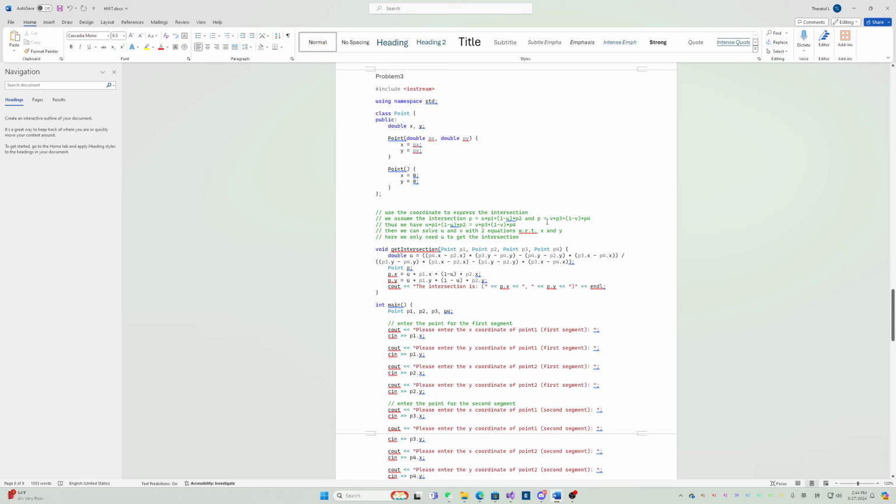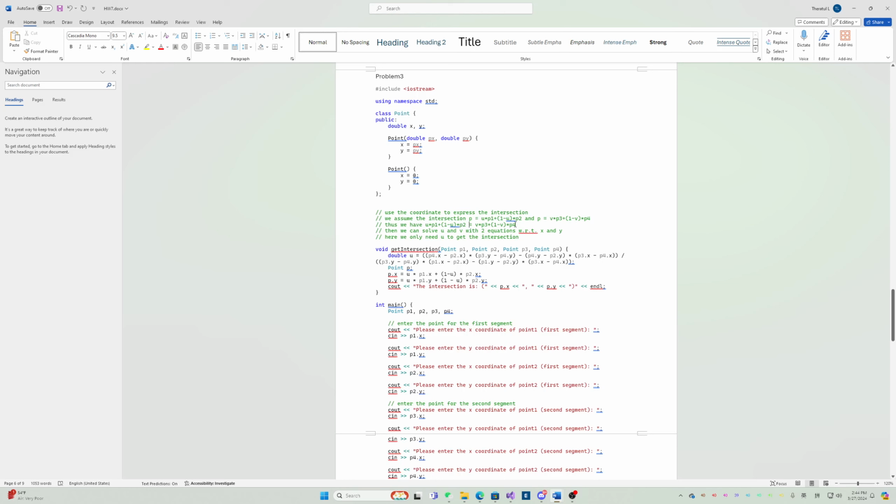And the same thing, there's another point between P3 and P4. Because we assume P is the intersection of these 2 line segments, P is the same point here, and then we can have this equation, where this one is P, this one is also P.